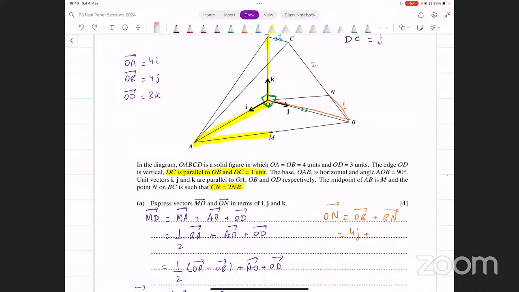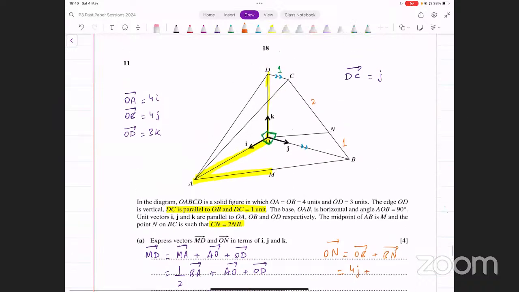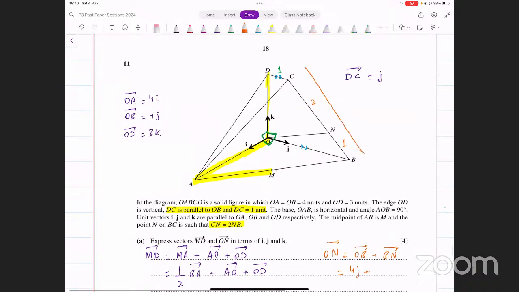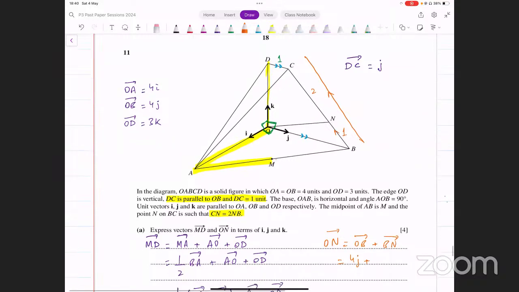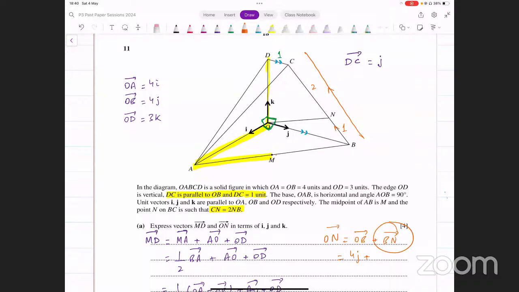Now, since we know the ratio of these sides, we can say BN is the same as some number multiplied by the vector BC, right? BC in the same direction. BC is parallel to BN. So we can say BN vector is 1 over 3 times BC vector, because we know the ratio.